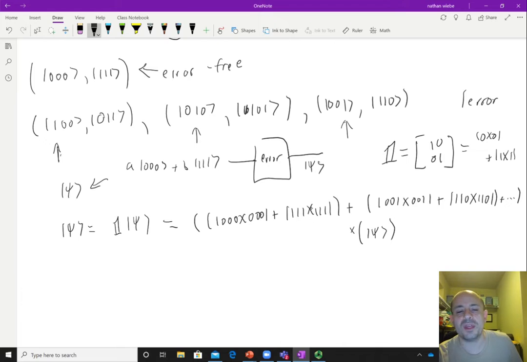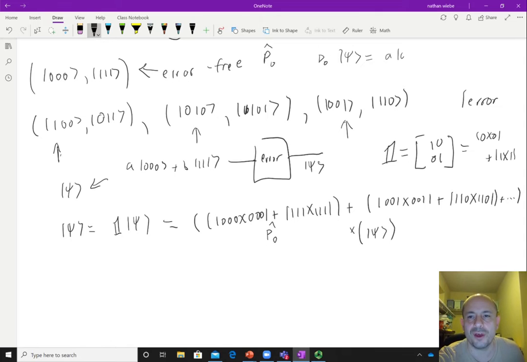This can be thought of as a projection matrix that will take a vector and project it down into this error-free section. So we can envision a projector that projects onto this being P0 hat. To be clear, if we could somehow magically apply this projector P0 to psi, then what we would end up getting is some state coming back out of this, which would be of the form A000 plus B111.